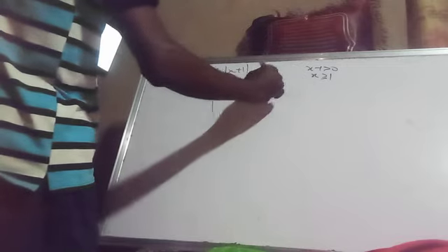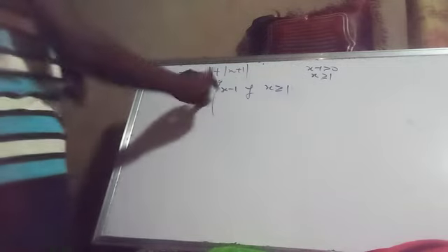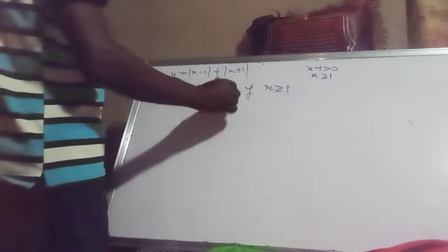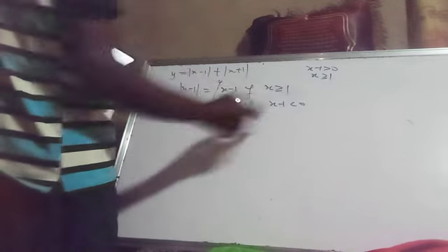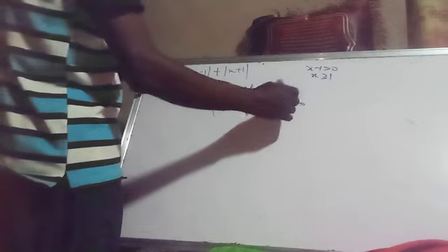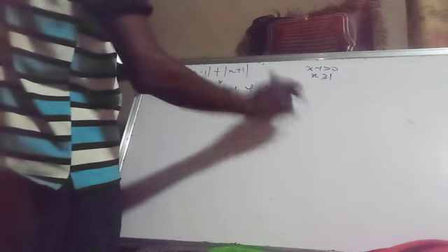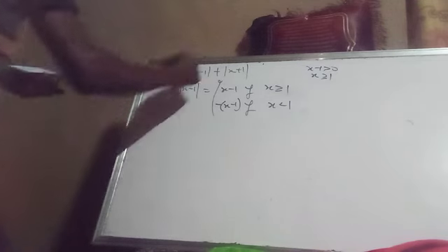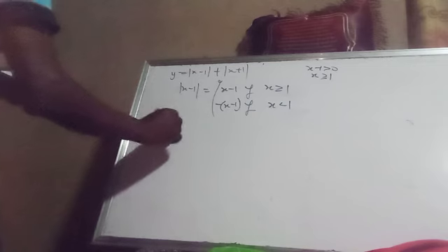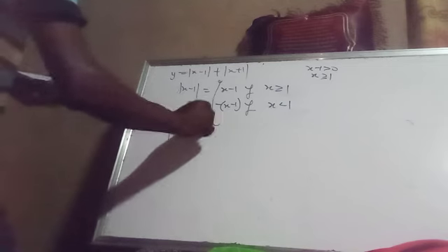Is that clear now? The second one will be minus x minus 1 if, just like I did here, x minus 1 is less than 0. So 0 is the standard. By the time you evaluate, you will have x less than 1. Now, for the second pair, the absolute value of x plus 1, how do we define that?